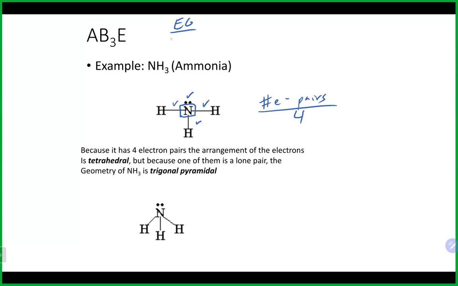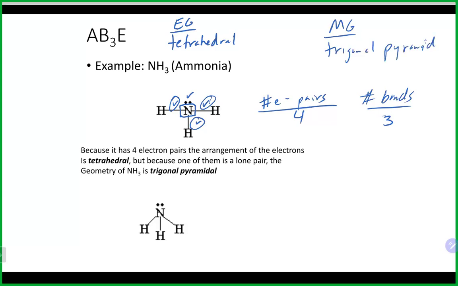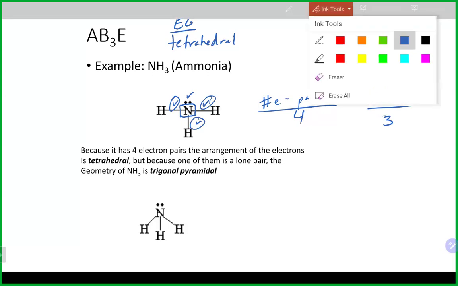That's going to give us an electron pair geometry with 4, which is tetrahedral. Now, what happens in terms of bonds here? We have 1 bond, 2 bonds, and only 3 bonds. And something with 4 electron pairs and 3 bonds has a molecular geometry name of trigonal pyramid. And trigonal pyramid is the shape of it.